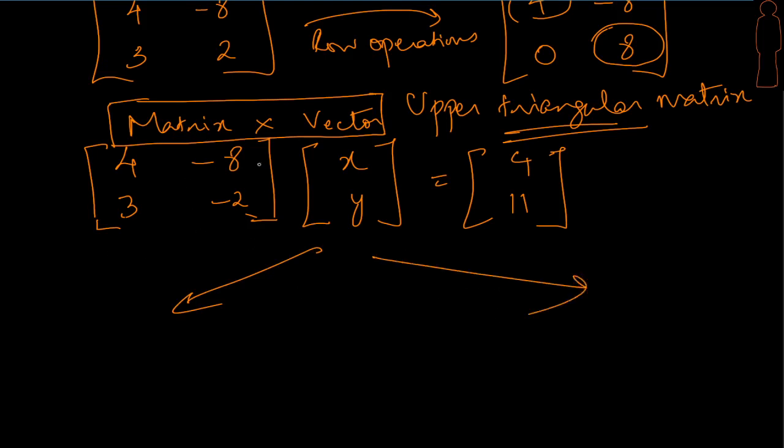So here is one way, right? So we can talk about 4 and minus 8. I am writing it in a row fashion because it will be easy to visualize this, but actually this is a vector, right? So understand that this is simply the row vector. We should write it probably in the vertical fashion, but since this is present as a row, it's easier for us to understand, so I'm writing it like this.